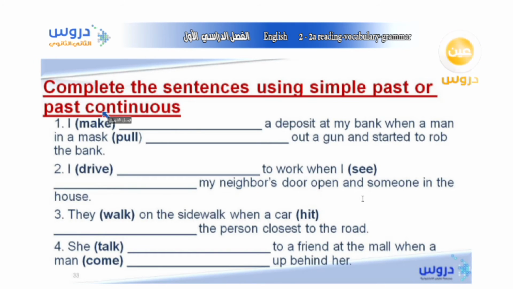Raghad, I need you to take, for example, 2 or 3. Hiba, take number 1, if you wouldn't mind, both of you. Was making. Okay. What about you, Raghad? Number 2, you can say in the simple past or past continuous. Alright.